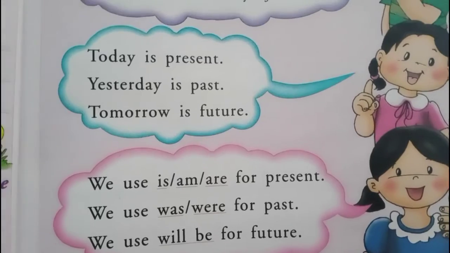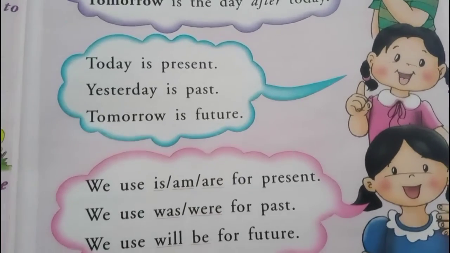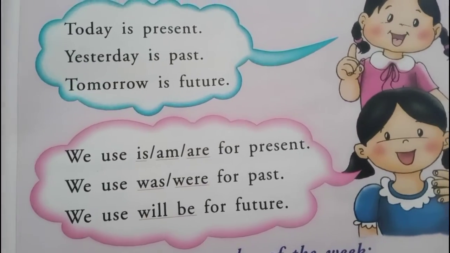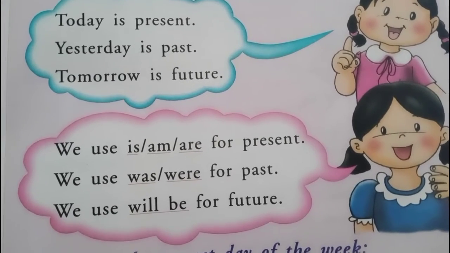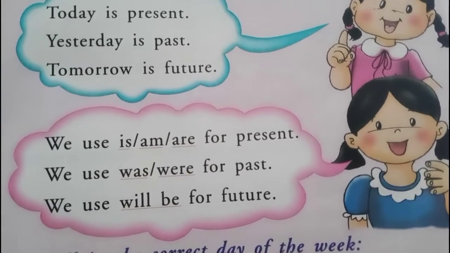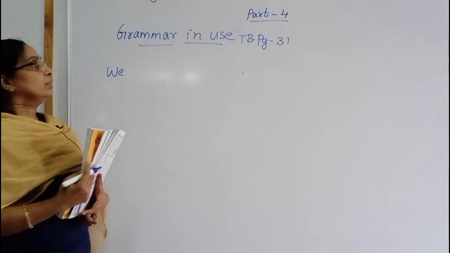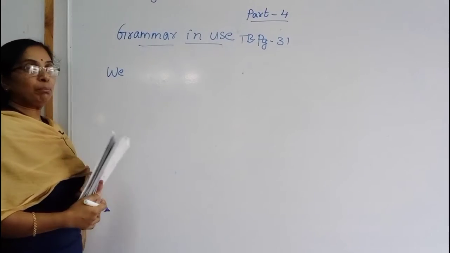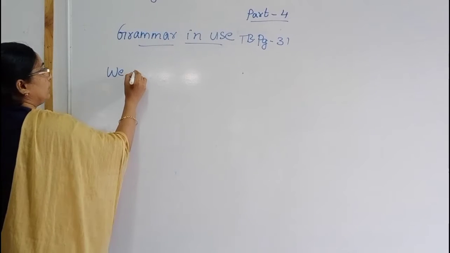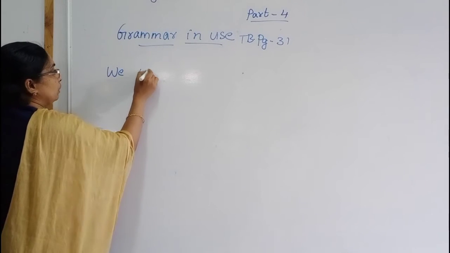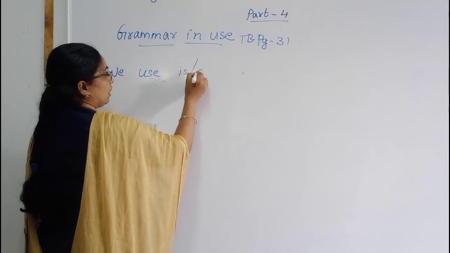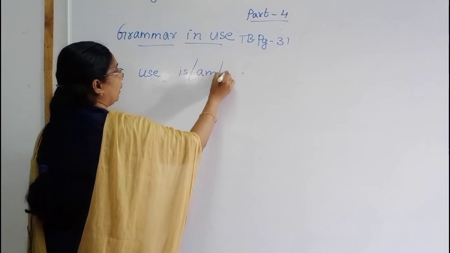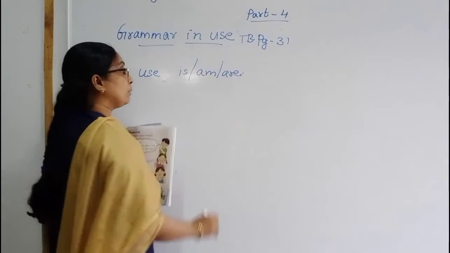For present we use is, am, are. We use was, were for past, and we use will be for future. Okay, children. Next, grammar in use, page number 31. You are getting a table. We use is, am, are for present.